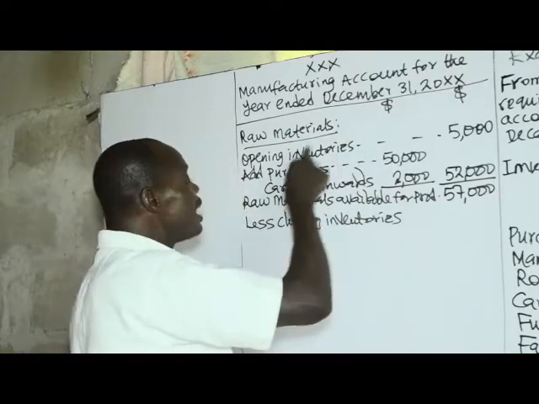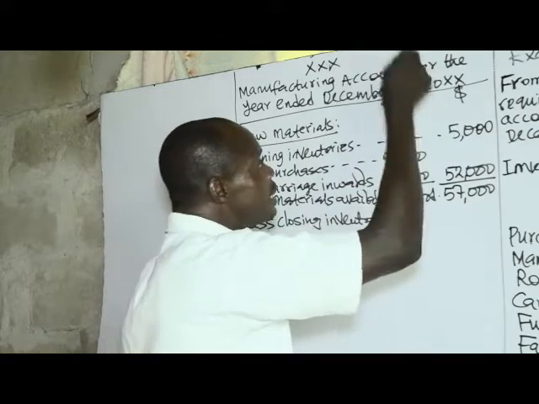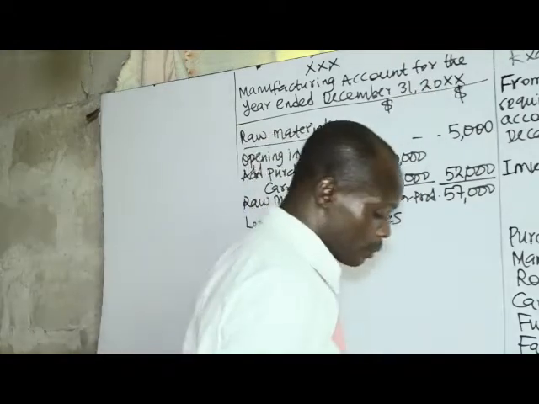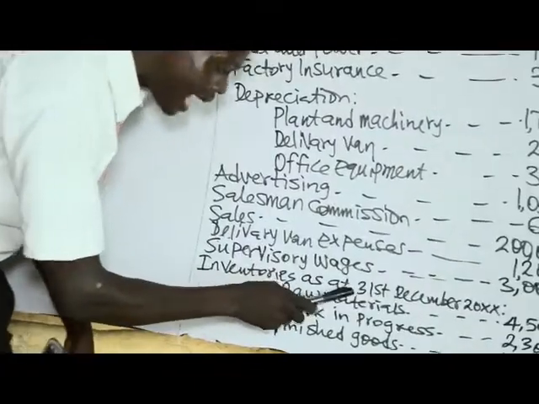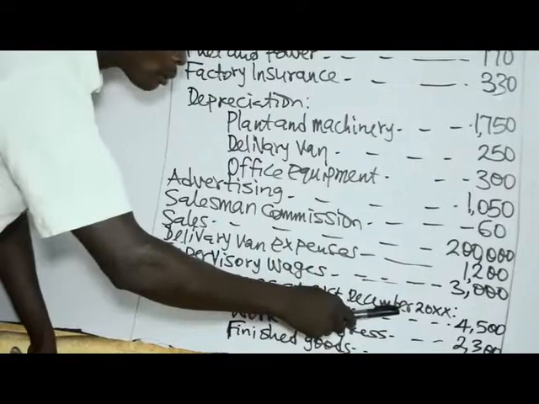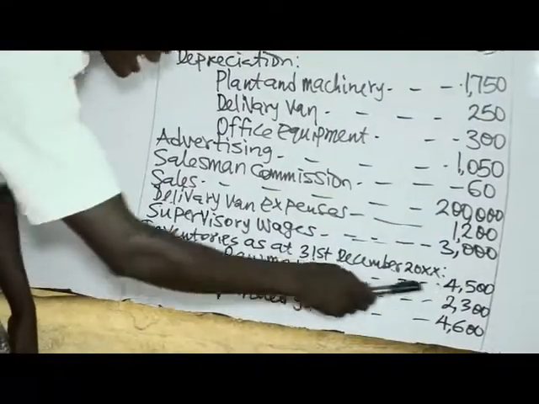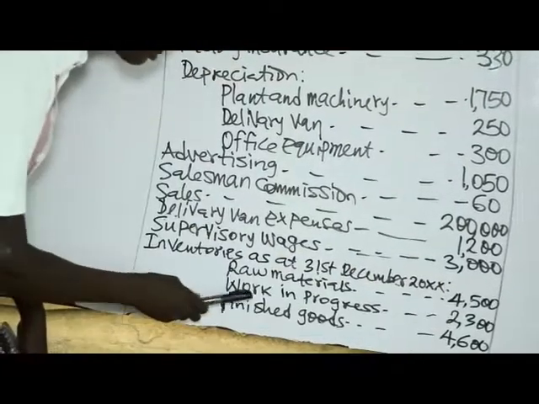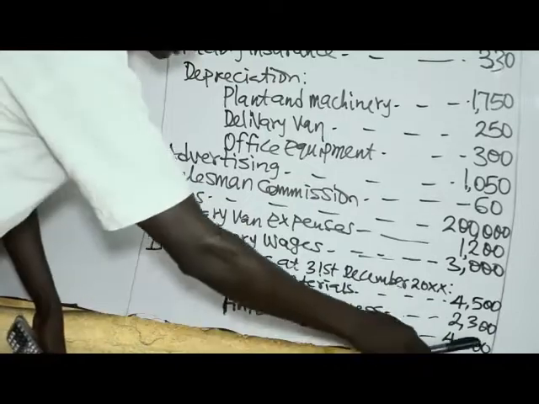Now let's look for the inventories of raw materials as at December 31st, 20XX. Now back to the question. You have inventories as at 31st December 20XX. We have raw materials, that is 4,500, work in progress of 2,300, and finished goods of 4,600.